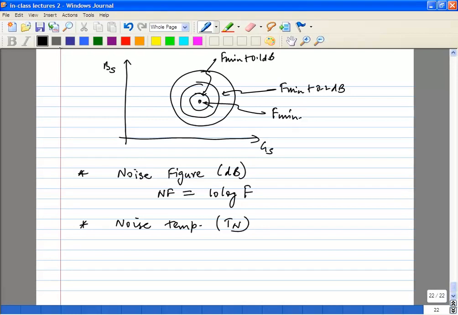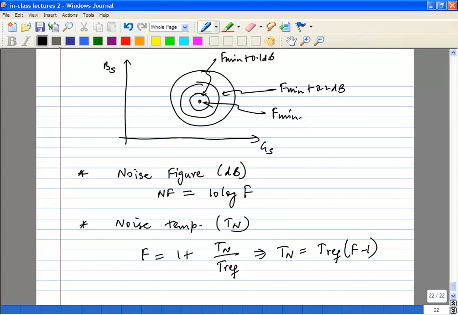Your reference is taken as room temperature, which is 290 K. So Tn is the noise increase from your reference temperature so that Ys accounts for the noise produced by the two-port also. If you increase the temperature of the source, the noise from Ys will obviously increase.